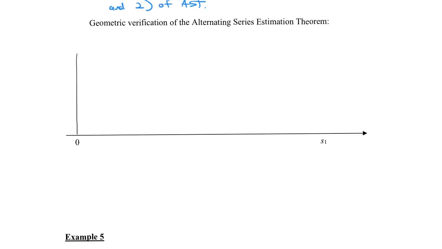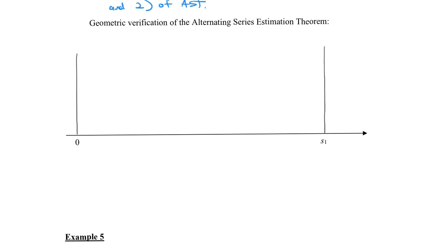Let's say I start here at 0, and I'm going to add my first term, b sub 1, to 0. Let's say b sub 1 is some number, so I'm going to make it go over here, and let's say it goes over to s sub 1. I'm going to make a little line up here. You'll see why I'm making these lines in a second.